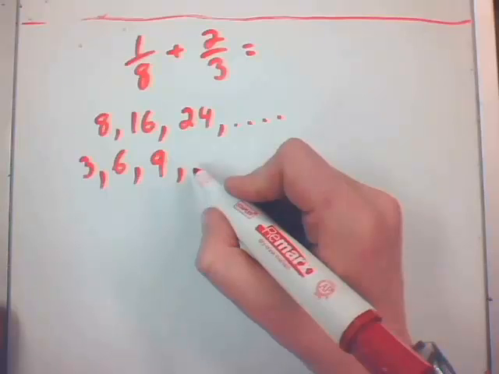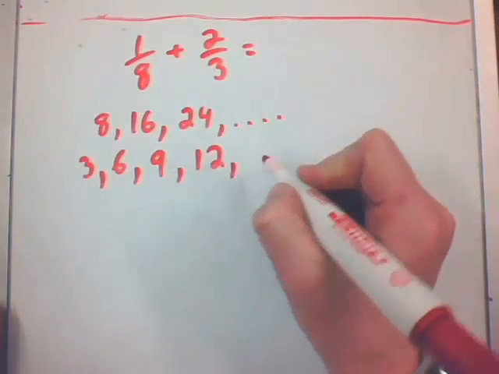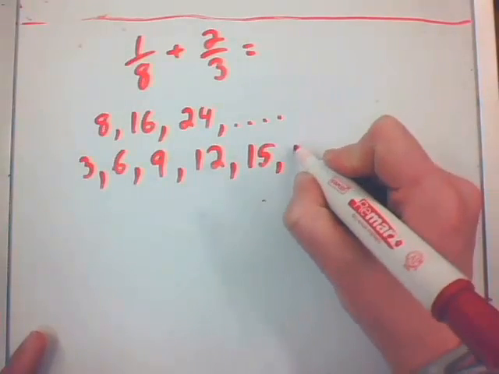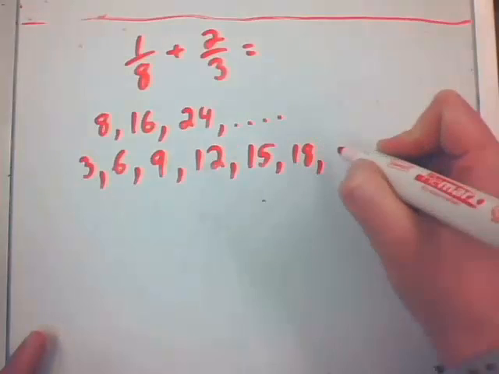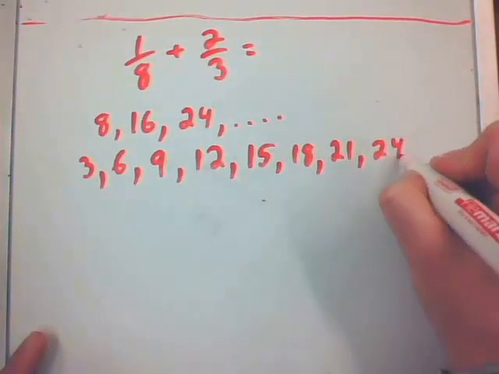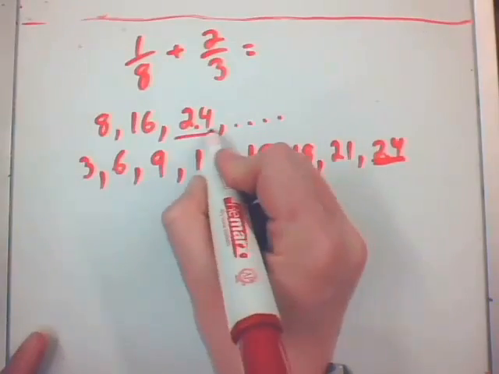Nothing. 3 times 4 is 12. Still nothing. I continue writing the multiples of 3 down. Until there's a match. 24 and 24.